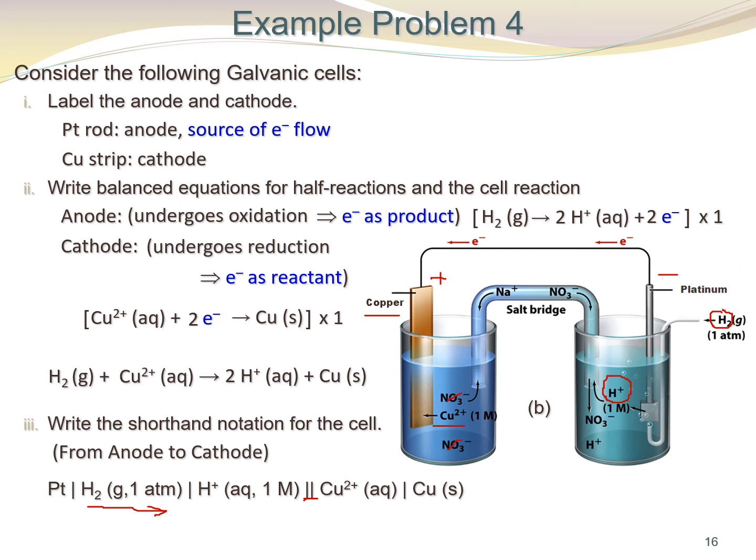Okay, so this half of the lecture takes almost 90 minutes. I'm sorry. I tried to slow down a little bit so that I can explain things in more detail. So in this half, we learned how to balance the chemical equation using half reactions. And we can use half reactions to determine which one is oxidation, which one is reduction, depending on where we put electrons in those equations.